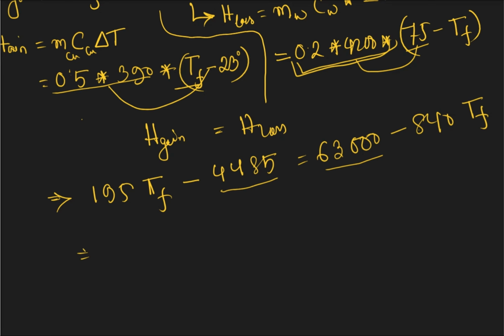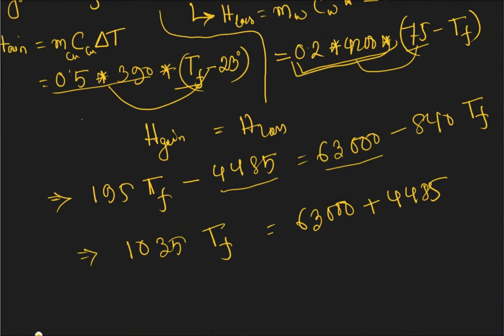So let's calculate 840 plus 195, so that is actually 1035 of TF is equals to 63000 plus 4485.